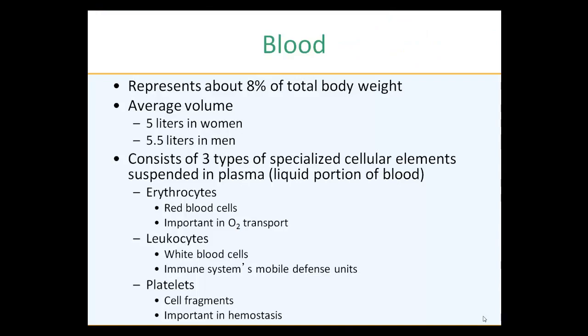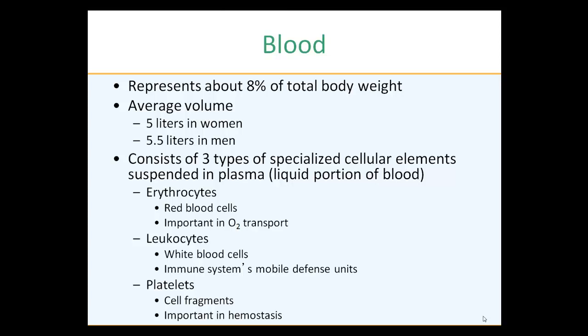If we start by talking in general terms about the blood, we'll realize that the blood is about 8% of the total body weight. Average volume is about 5 liters in women and 5.5 in men, and it consists of 3 types of specialized cellular or subcellular elements.